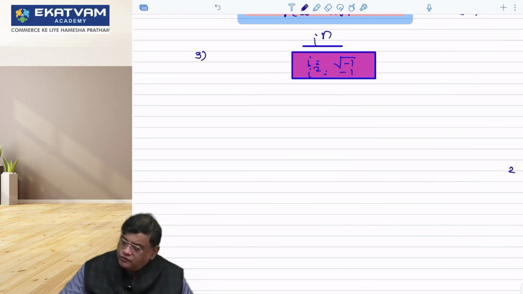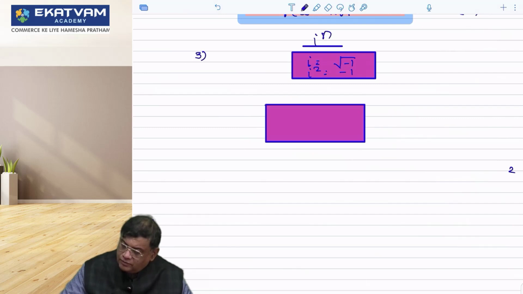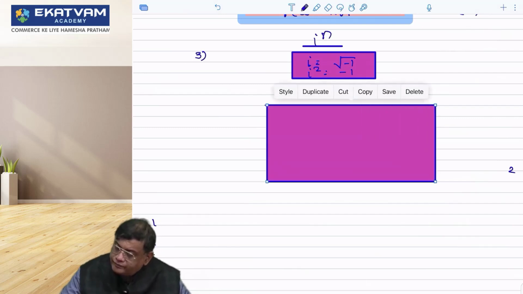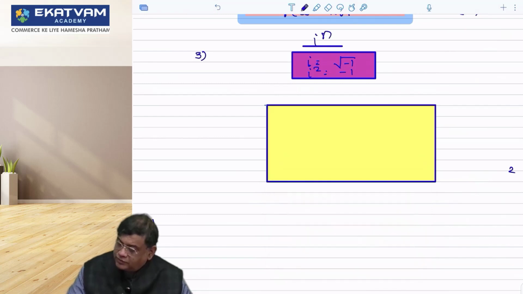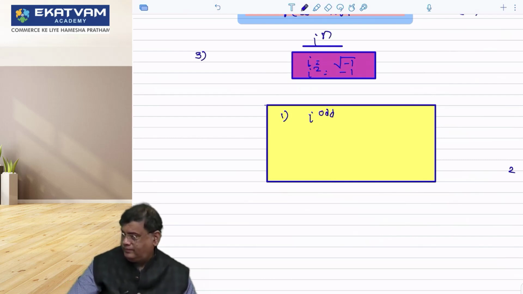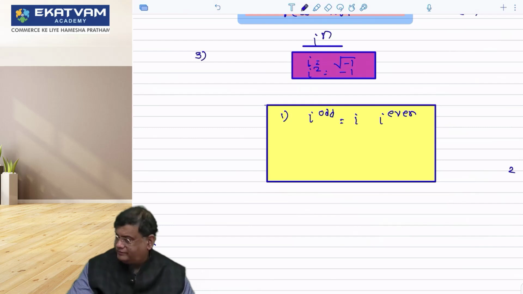And then a few more notes we are going to write. Listen carefully. Now don't write yet. Look at me. Try to understand. If you have i raised to an odd number, then split it as i into i raised to some even number.